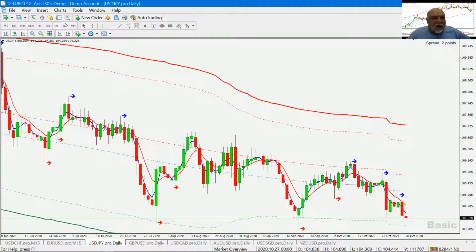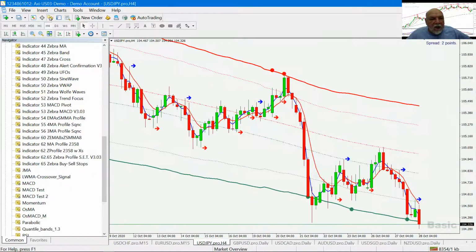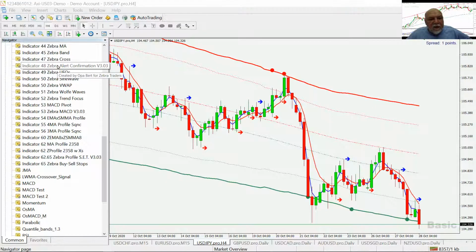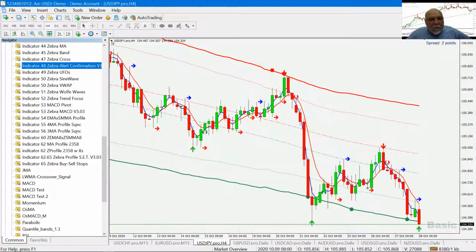Let's take a look going down to the 4-hour. The daily trend is down. The 4-hour trend is also down. Let's add, need to add the 48 alert to this chart.